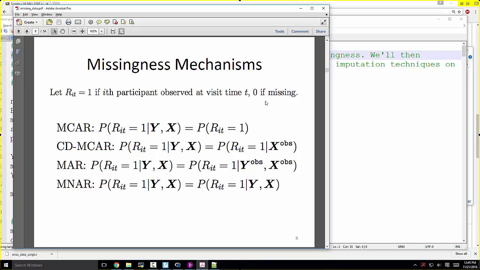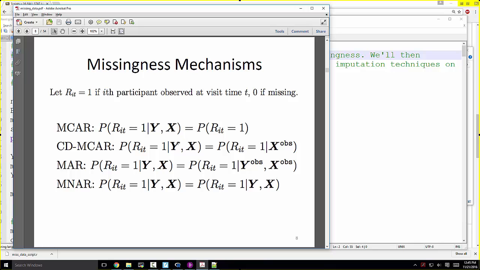But missing completely at random would mean that the probability an observation, an attempted observation, is missing. Here I'm saying R_it equal to 1, where R_it is an indicator for whether observation i, t, the attempted observation for individual i at time t, is missing.